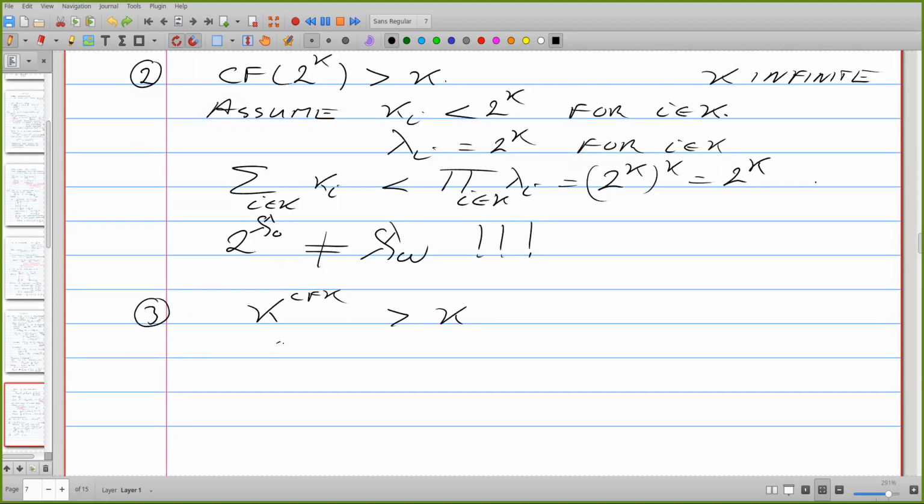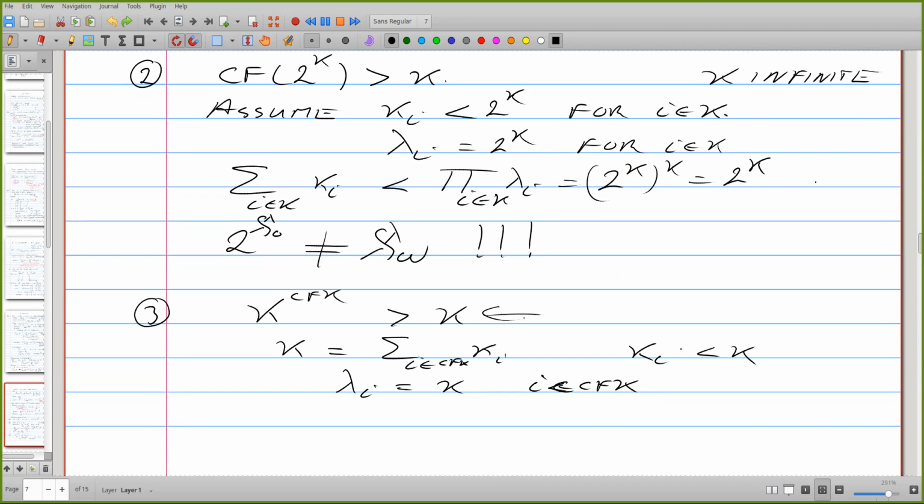Well, you write kappa as a sum: you take kappa_i to be some family that sums up to kappa, all of them less than kappa, and for lambda_i you take kappa itself, and now you apply Koenig's theorem, and you get this inequality back.